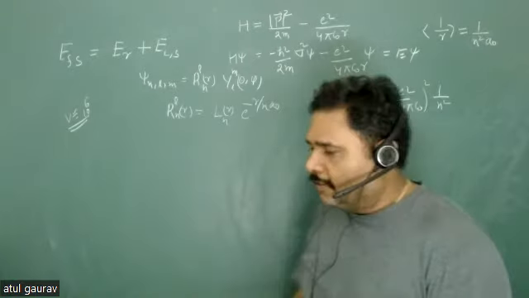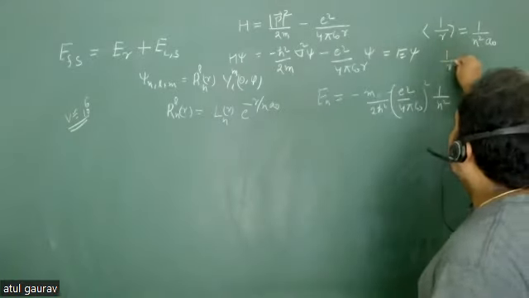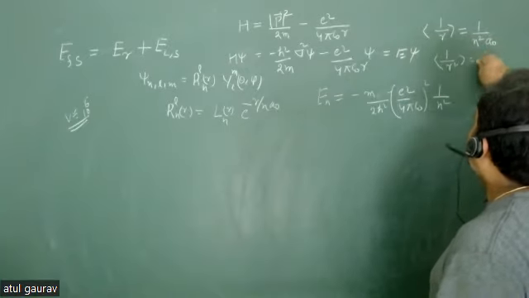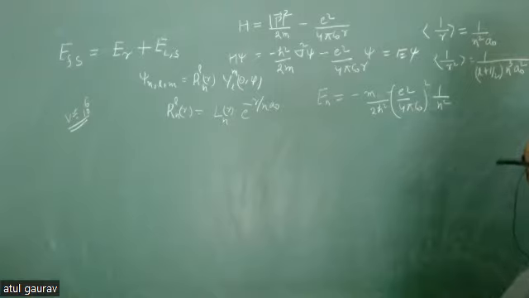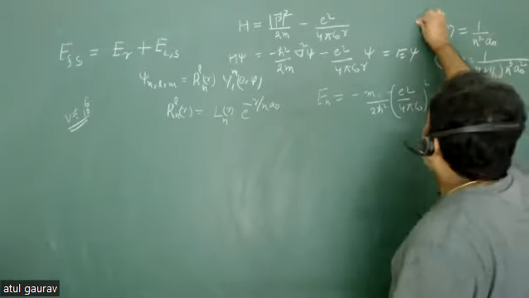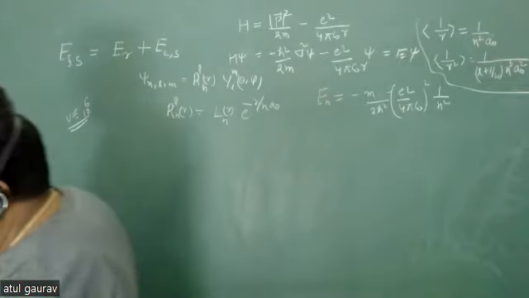Yes, sir. है ना? सो दैट इज 1 अपॉन a₀, एंड ⟨1/r²⟩ का एवरेज वैल्यू is 1 upon (l + ½) n³ a₀². Okay, so these two things will be used for your calculation. आप इसको चाहो तो याद भी करके रख सकते हो, ठीक है.